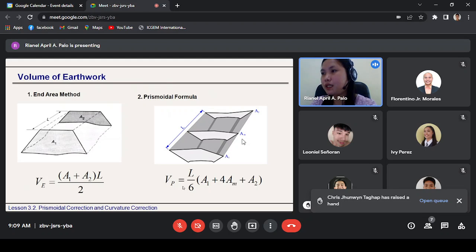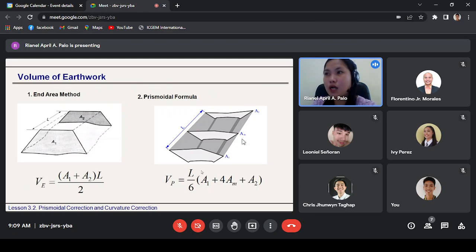So, ang atong ma-compute na volume is more accurate than the end area method. Okay, sa atong end area method, we'll just get the average sa cross-sectional area sa two stations and i-multiply nato sa iyang horizontal distance or sa distance sa atong profile.